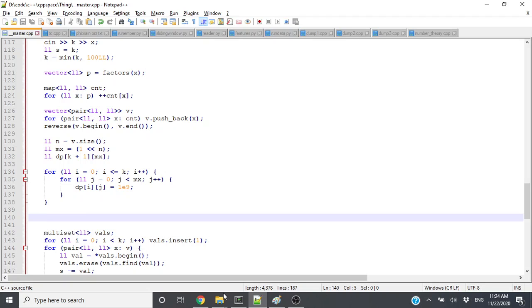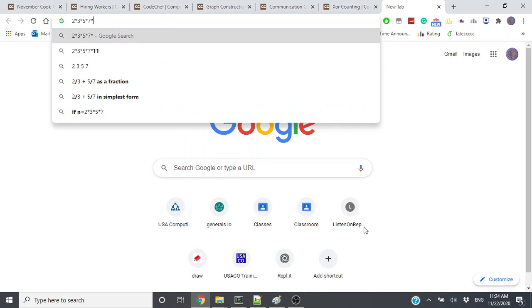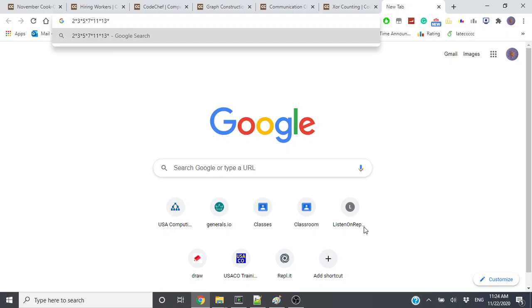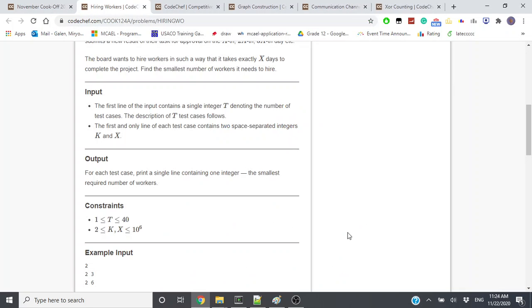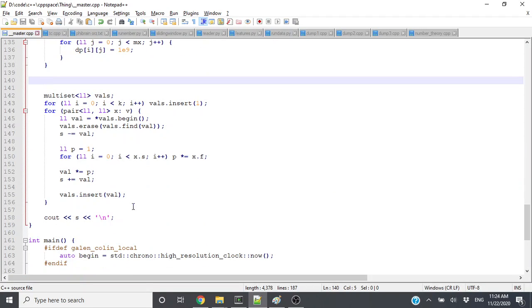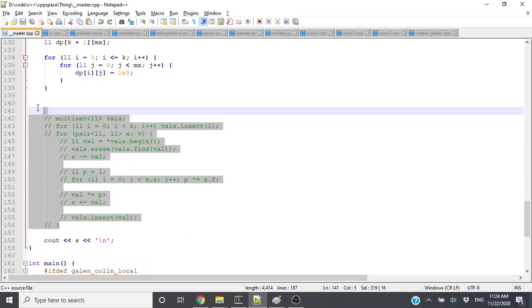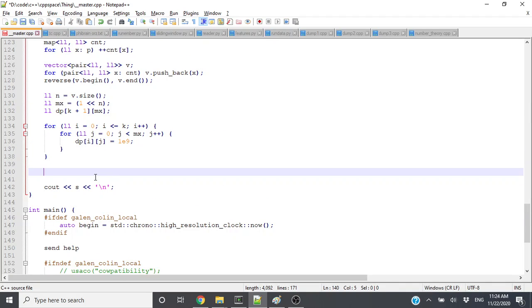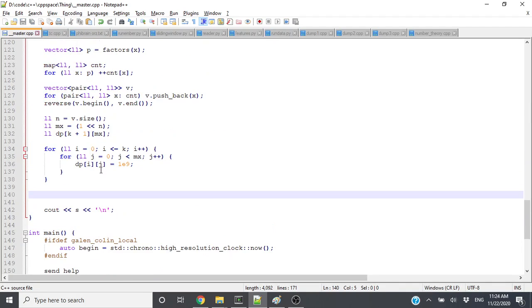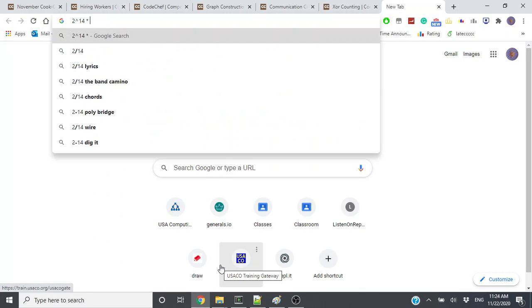This is like small, right? It's like 2 times 3 times 5 times 7 times 11 times 13 times 17. Okay, so 2 to the 7th. 3, 5, 7, 11, 13, 17. Right, and 2 to the 14th times 40 times 100.